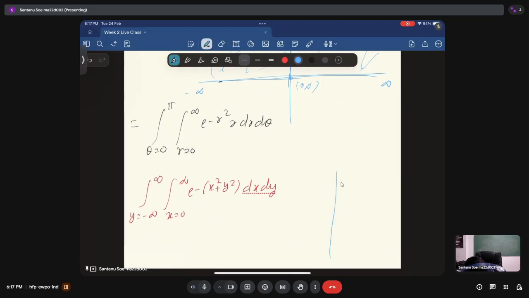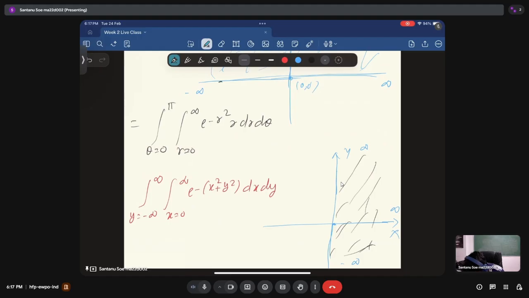So in this case, this is the x-axis, this is the y-axis. Now x is varying from minus infinity to infinity, and y is varying only from 0 to infinity, correct? So that means we have to do the integration on this region, correct?